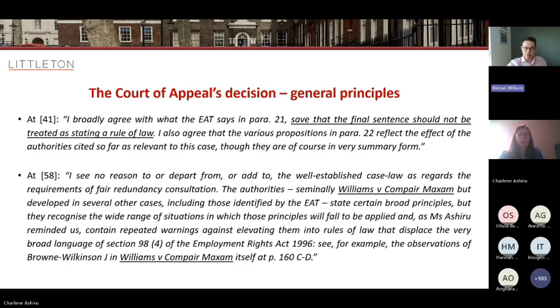And that's almost certainly right in circumstances where rigid processes are not prescribed either by a collective agreement or by statute. And I suppose, in short, there are many ways to run a redundancy process that satisfies the relatively modest requirement to act within the band of reasonable responses.